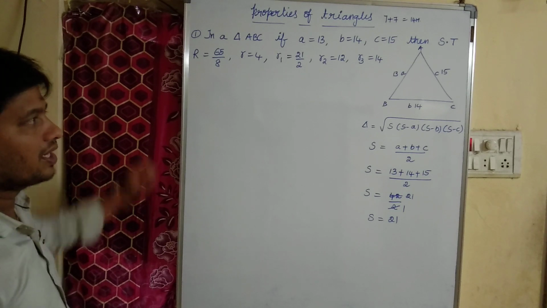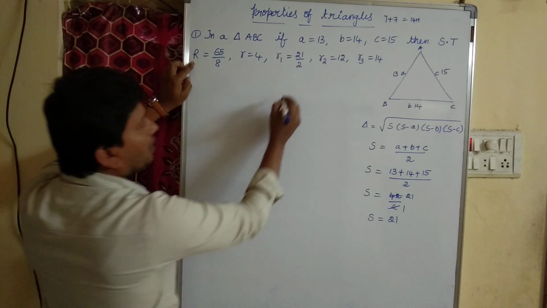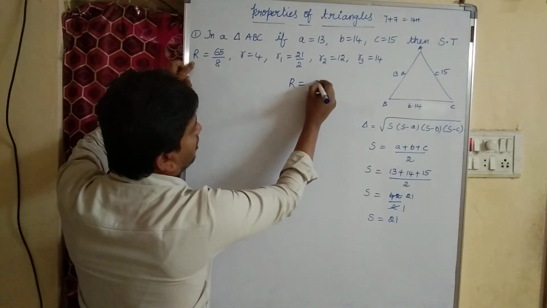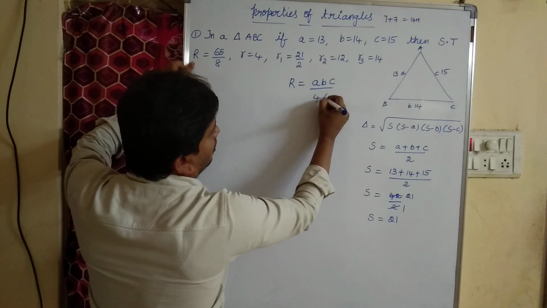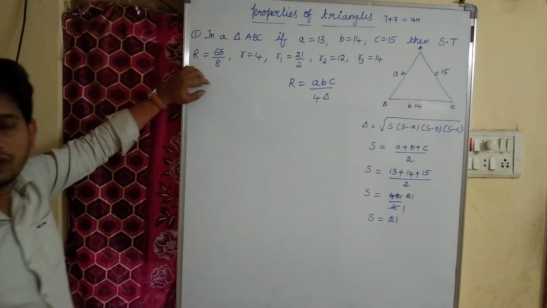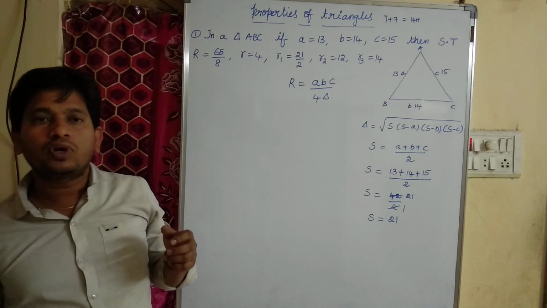So we have to find capital R. You know the formula of capital R: R equal to abc by 4 delta.